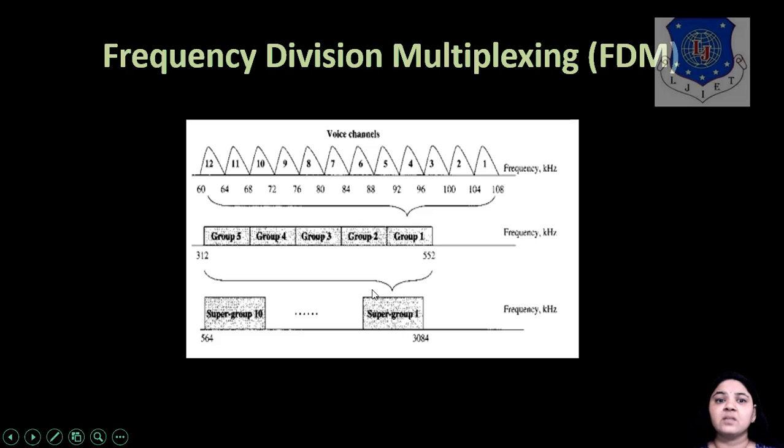This is an example of frequency division multiplexing, how the multiplexing of signals can be done. We can get the idea from this diagram. In the next lecture we will learn about the phase lock loop. Okay, thank you very much everyone.